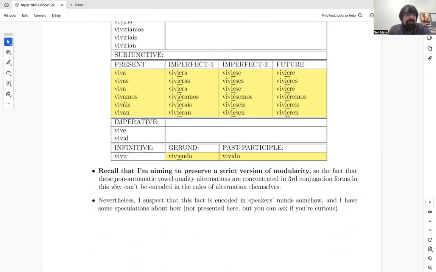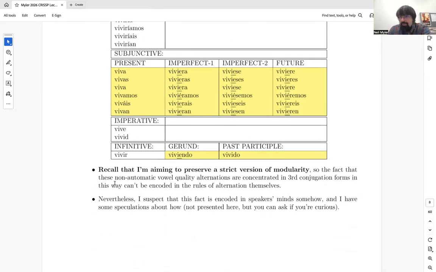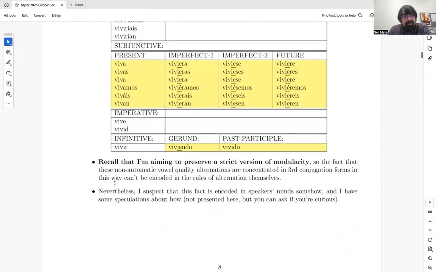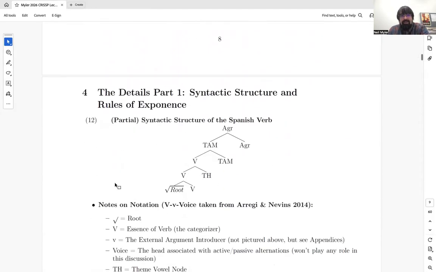Okay, so that's our primer on the conjugation system of Spanish. And we're now going to get on to the morphosyntactic details for what I have in mind for it. Much of which has been around for quite a while in the literature and is just being adapted by me. But that's where we're going next.